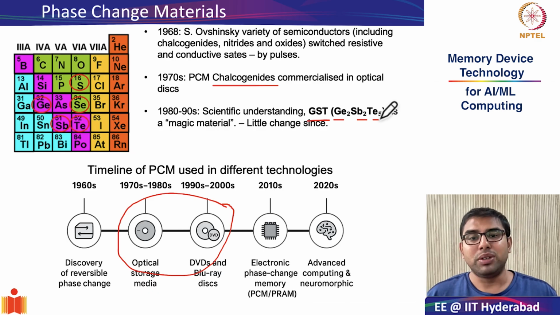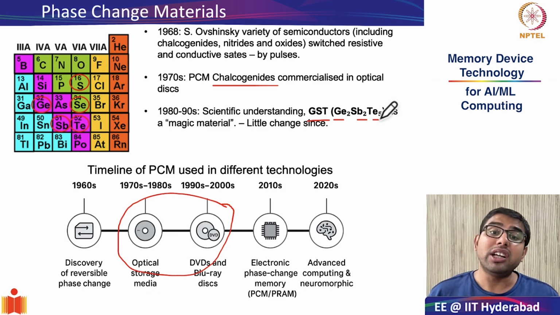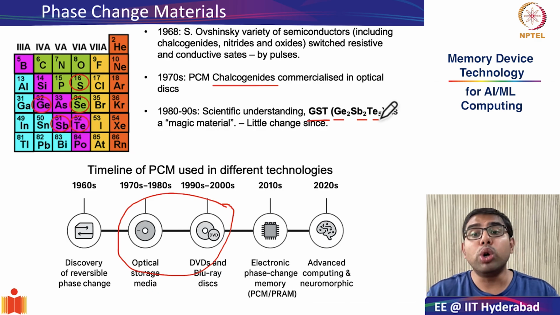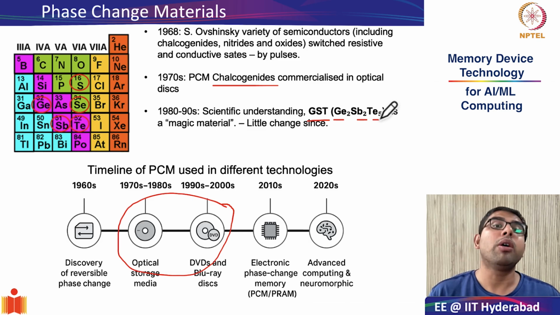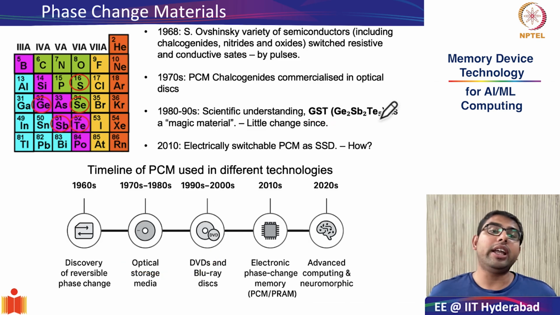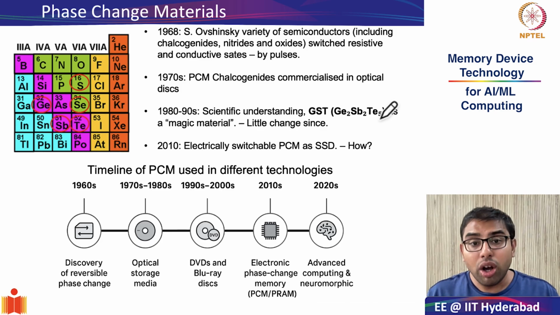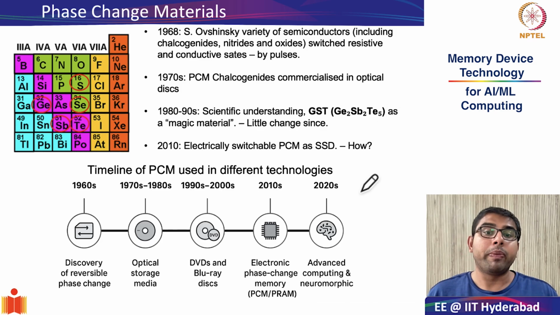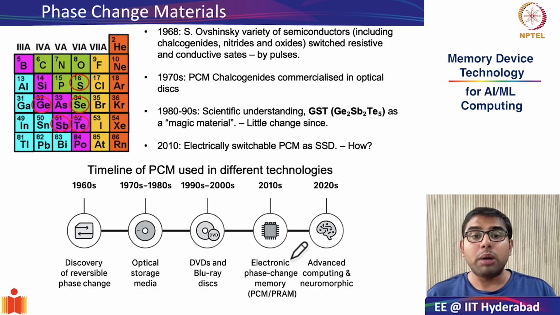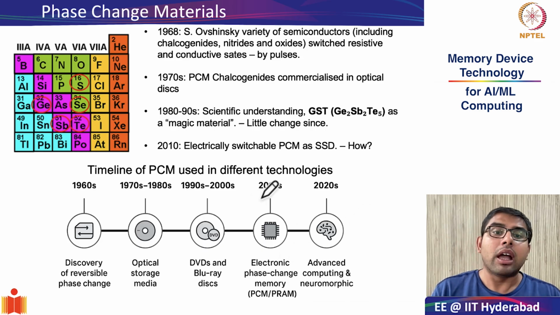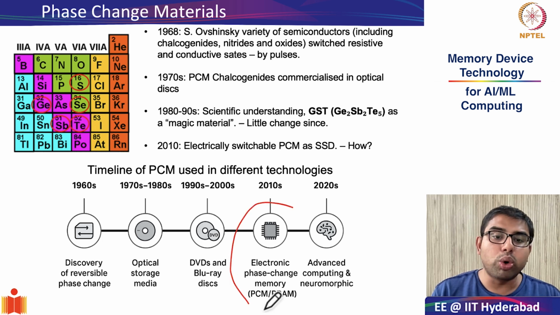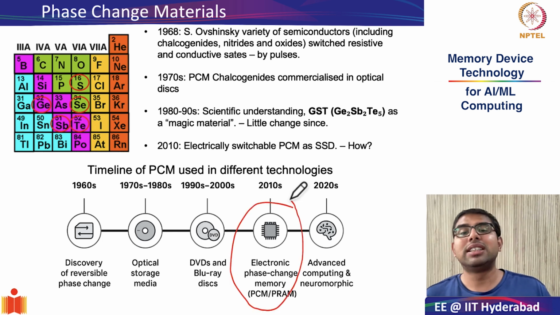Since then, GST and its variants have occupied most of the application space when it comes to phase change materials. Very recently, only in 2010, the idea of trying to use PCMs in solid state drives as eNVMs was introduced, and that is what is going to be the focus of our study.